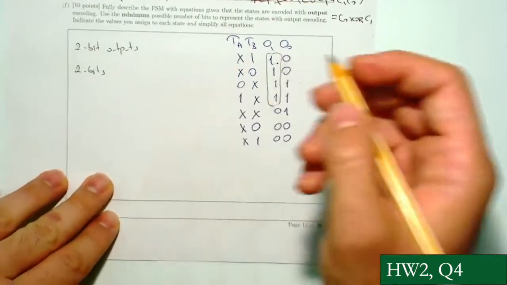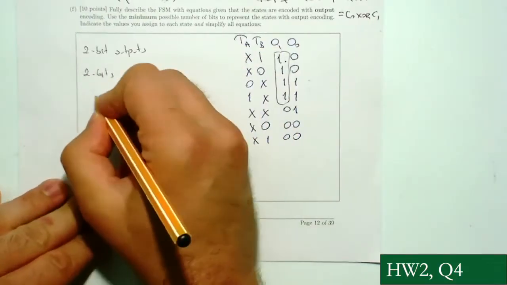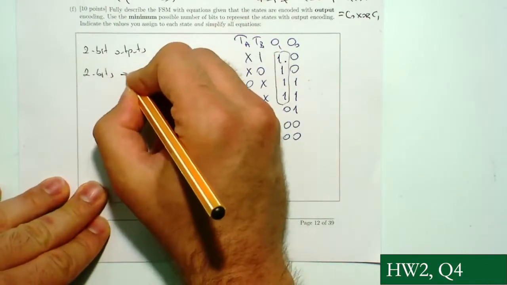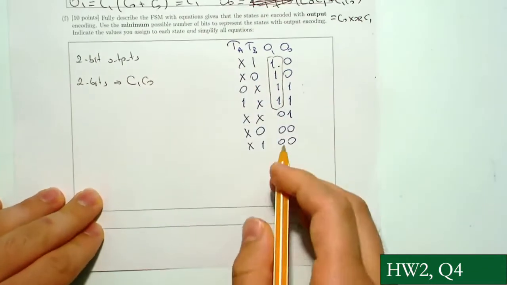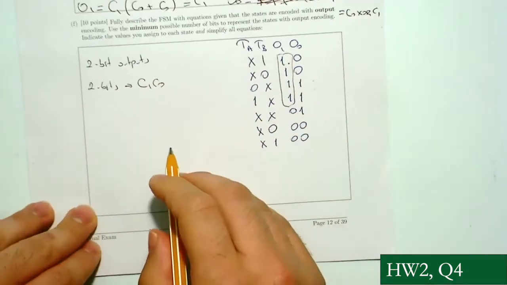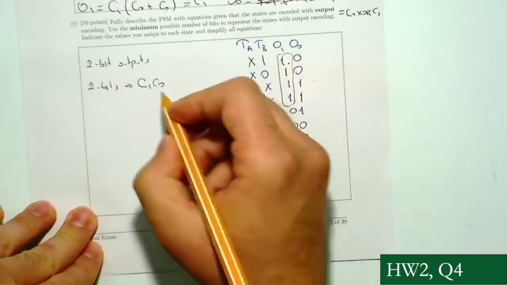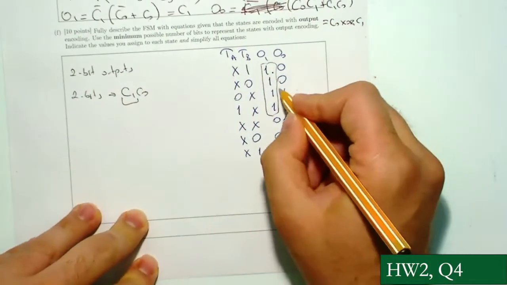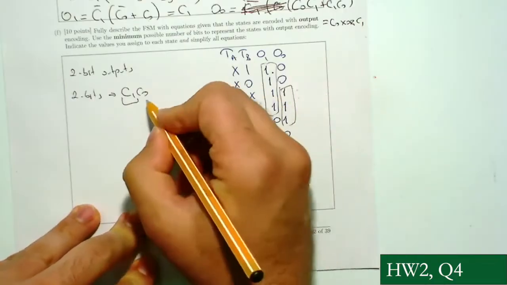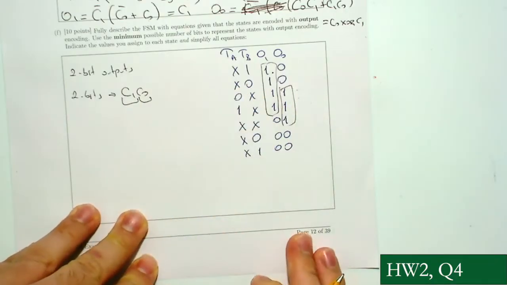So let's say I'll use 2 bits for the states, C1 and C0. Let's ensure that, for example, output 1 is only determined by C1, and output 0 is only determined by C0.